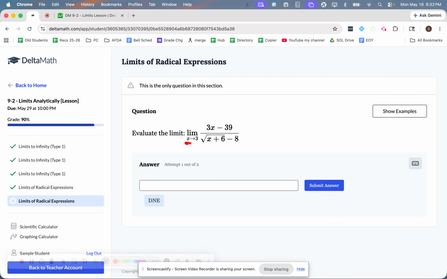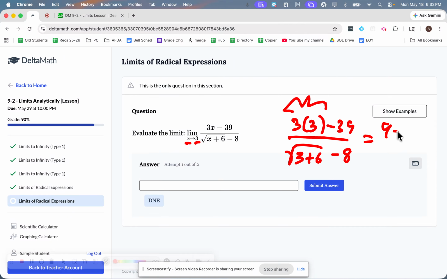So x approaching 3, so let's plug in the 3 for our x. 3 plus 6 minus 8. Okay, so it looks like the top is 9 minus 39, and the bottom is, this is 9, and square root of 9 is 3, so 3 minus 8. 9 minus 39 is negative 30.